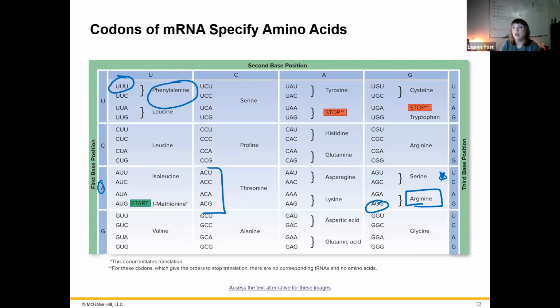The wobble effect is the fact that we can accommodate different nucleotides in that third spot, and that helps preserve the genetic outcome, so the outcome of the genetic makeup of an organism, even in the face of mutations.